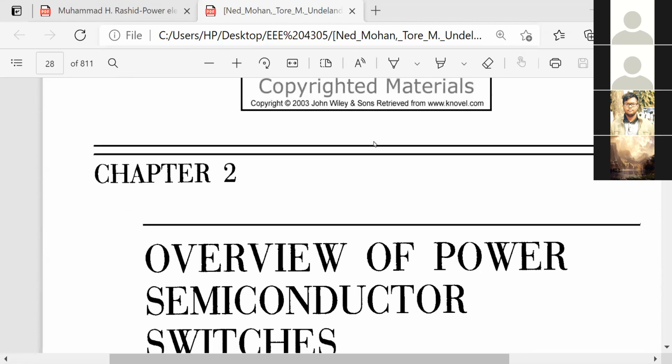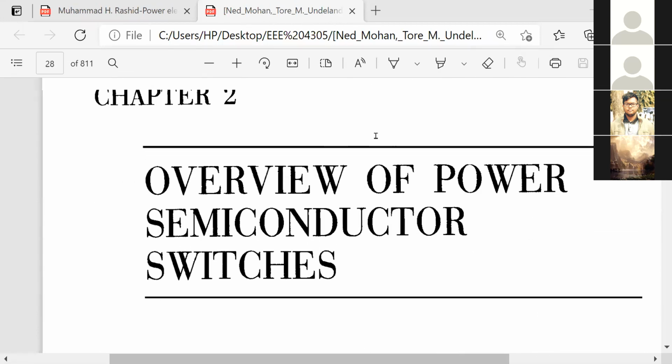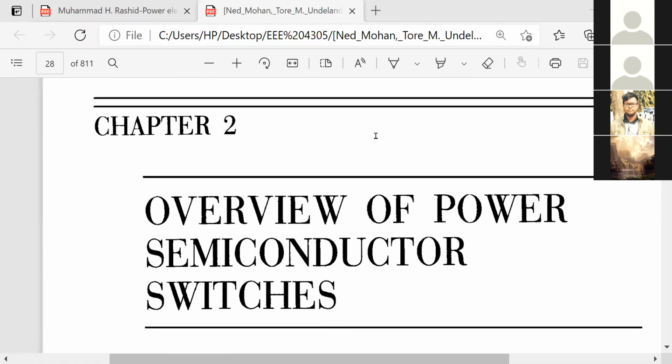So let us go to chapter 2. The name of the chapter is the overview of the power semiconductor switches. As I told earlier, in power electronics we shall use the devices as switches.